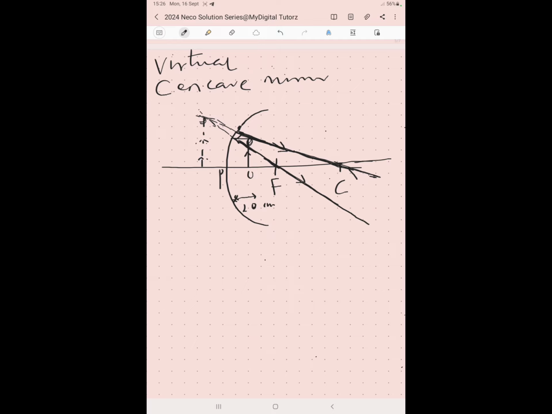So this is the image. Let's say the distance is 30 centimeters. This is just for illustration. This is not needed in the question.